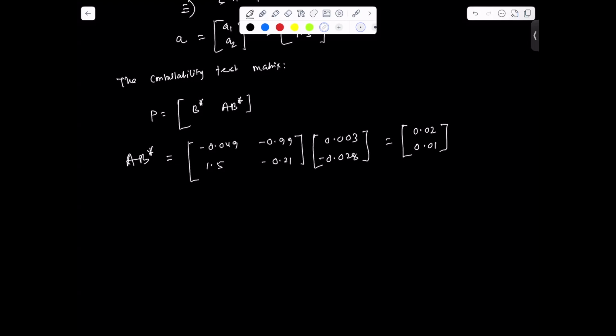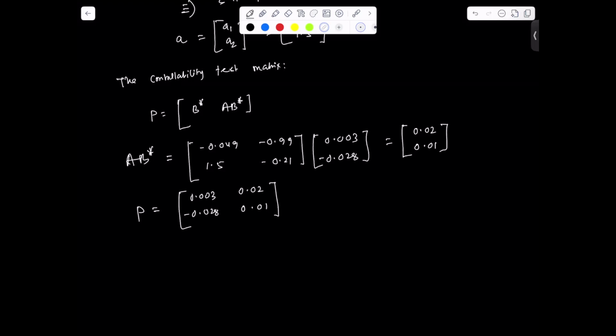And so P can be found, B star already found, so we can put A B star here, 0.003 minus 0.028 and A B star 0.02 and 0.01.